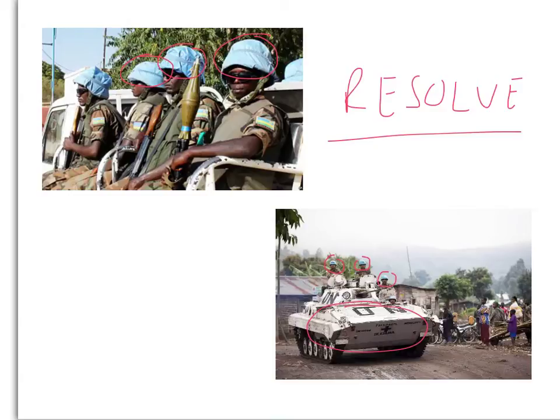These forces are often made up of multinational combat troops who carry out policing actions in conflict zones. So this photo here is showing some Rwandan troops who are carrying out peacekeeping duties in Darfur and South Sudan. Down here we have Indian troops in an armoured personnel carrier carrying out peacekeeping duties in the Democratic Republic of Congo.